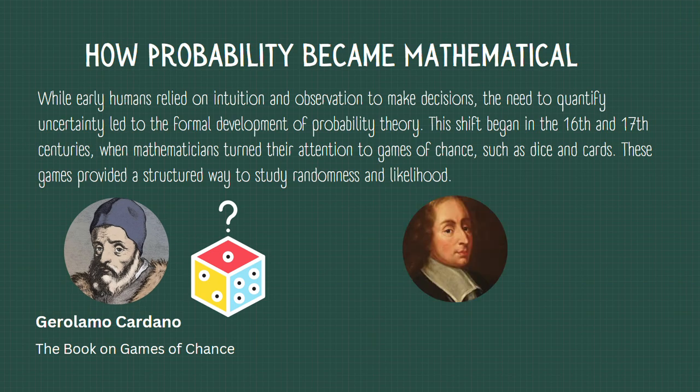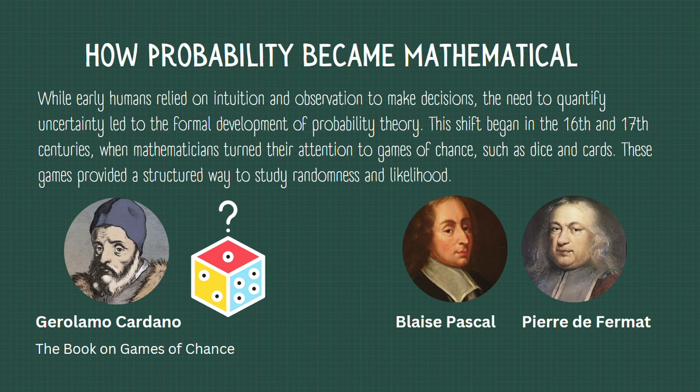Similarly, after certain times, there were people like Blaise Pascal and Pierre de Fermat. Though Gerolamo Cardano had worked on the book of games of chance, he hadn't done it mathematically.